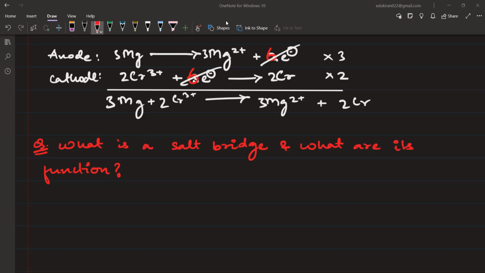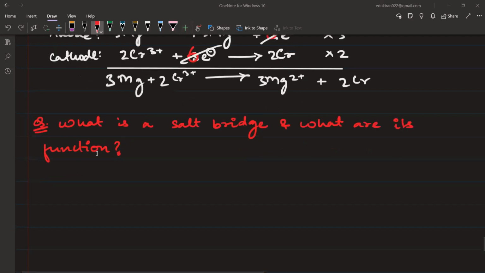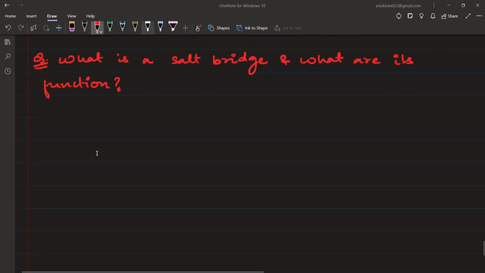Okay, let me write that down. हम ये लिख देते हैं definition salt bridge का, और बाकी चीजें functions आप लोग लिखिएगा, ठीक है? If you don't understand the function, then you will tell me, because I have already explained what the functions are and why you are using it from the start.